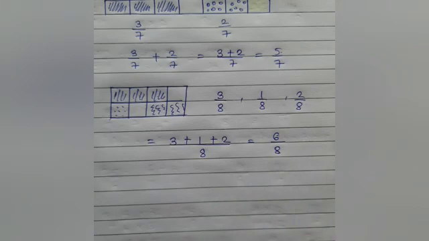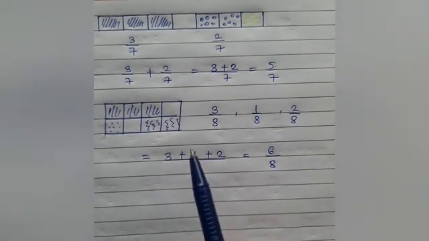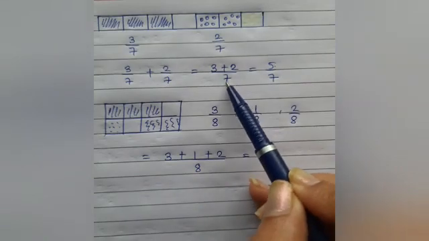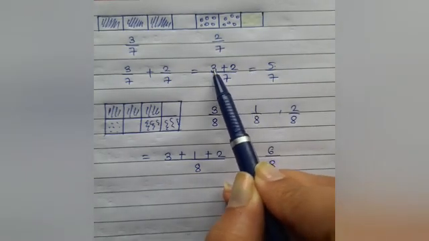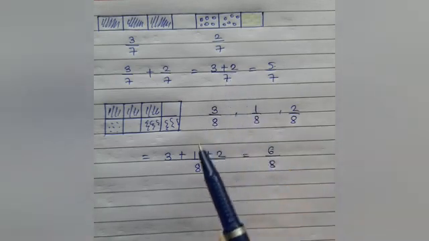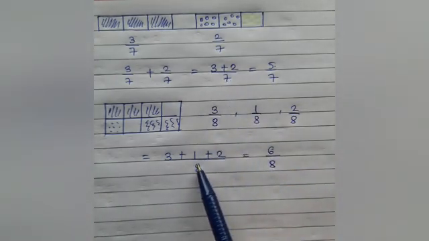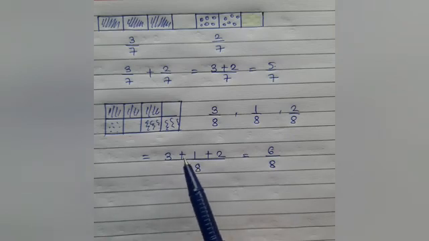Now we have to keep in mind that when we add like fractions, we add only the numerators and keep the denominator as it is, like we did over here. We kept the denominator as it is and added the numerators. In this example also, we kept the denominator as it is and added the numerators.